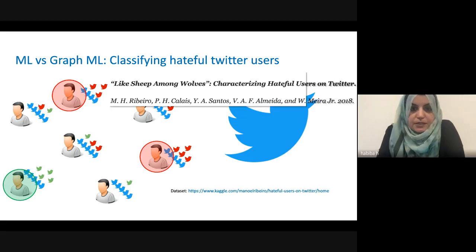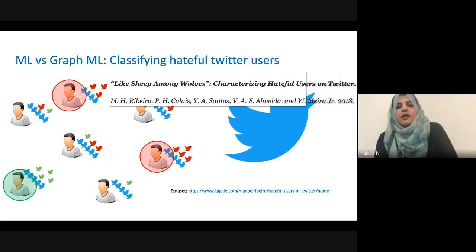For example, this was one of the papers that I know of, which used graph structural information, not as an explicit graph, but used certain calculated properties based on the connectivity or retweets of individuals, and used that as their features, and showed that those sort of features did help.